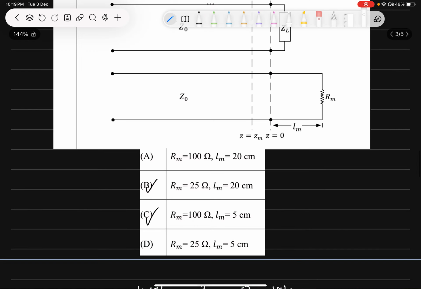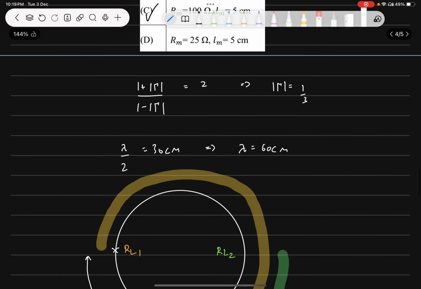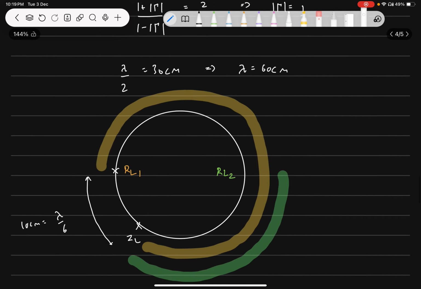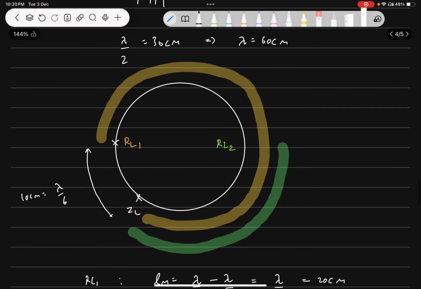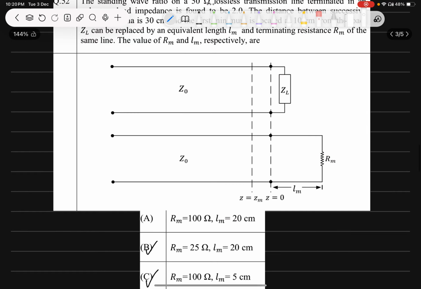Now they are telling us that we realize ZL with the help of Rm and Lm, and they wish to find the values of Rm and Lm, asking which of the following combinations works best. As you can see, this is the angle of ZL, and for RL we can only be in two directions, either here or here. The reasoning is this: let's say we have a transmission line here.